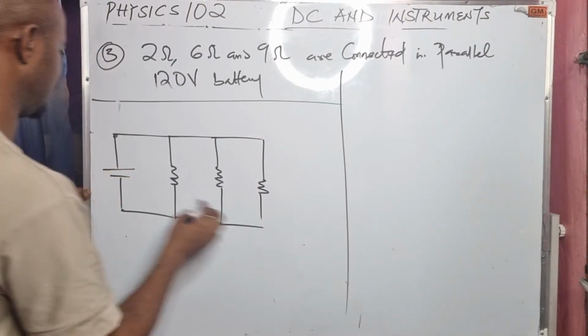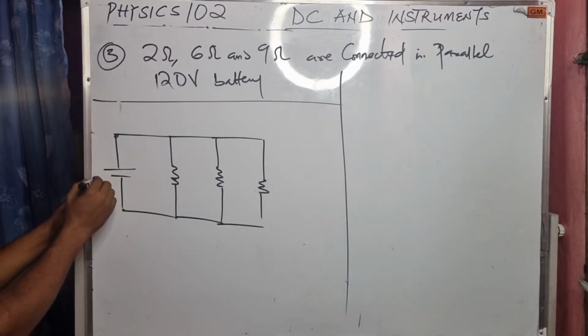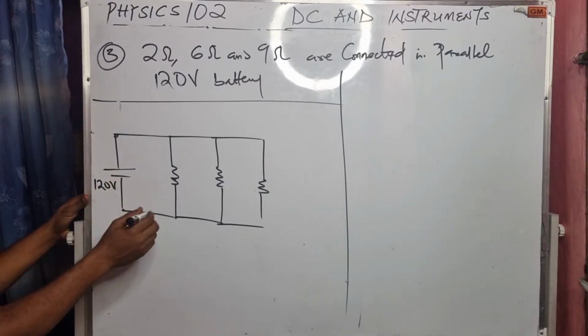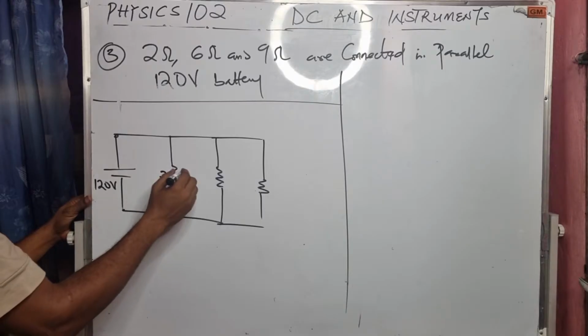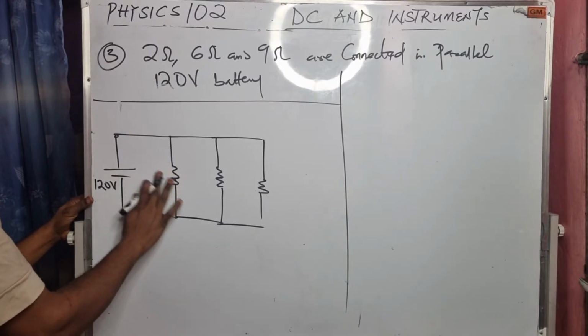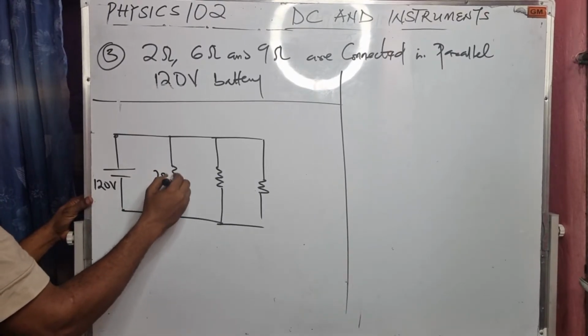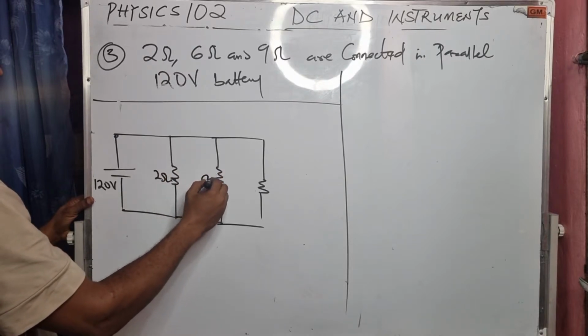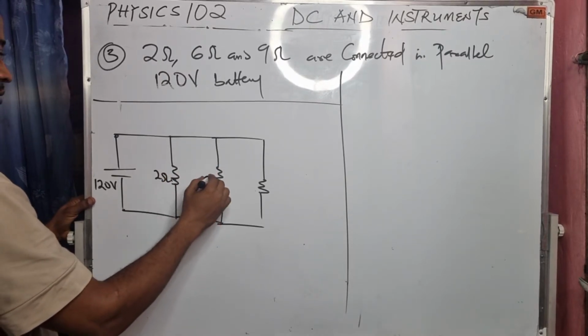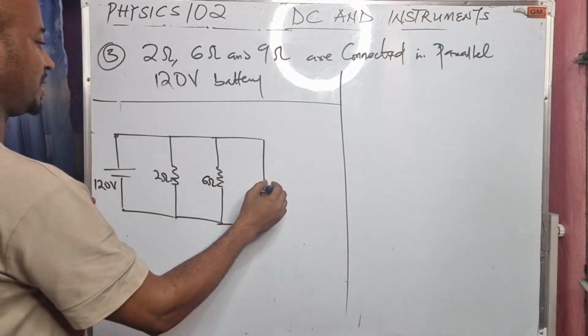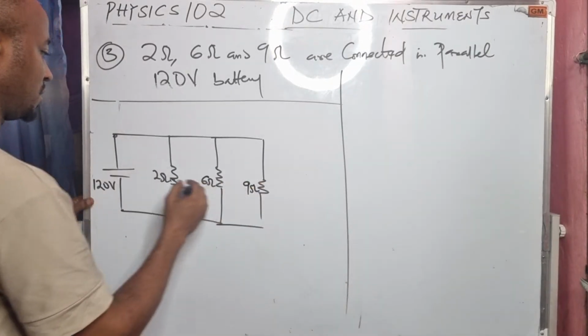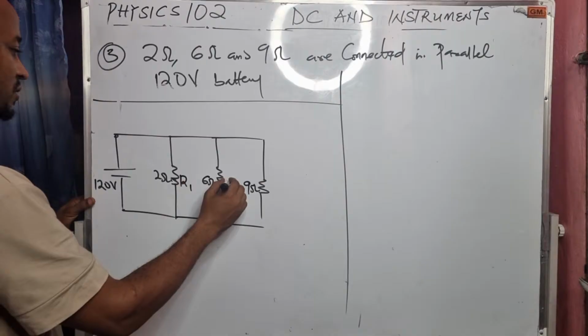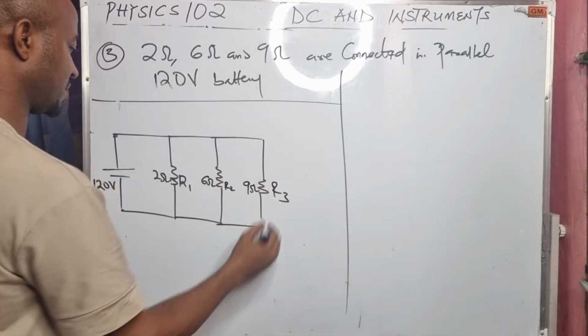Our battery is 120 volts. Here we have 2 ohms, here we have 6 ohms, here we have 9 ohms. This is R1, this is R2, this is R3, right?